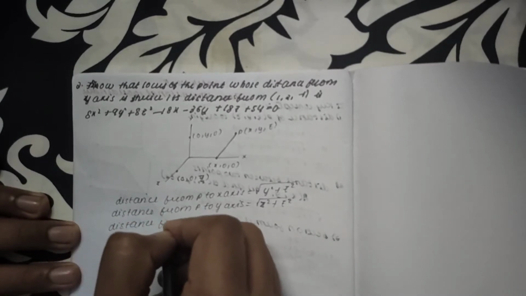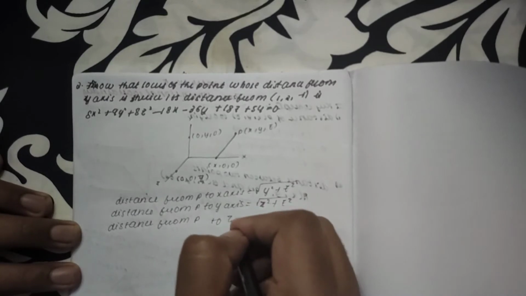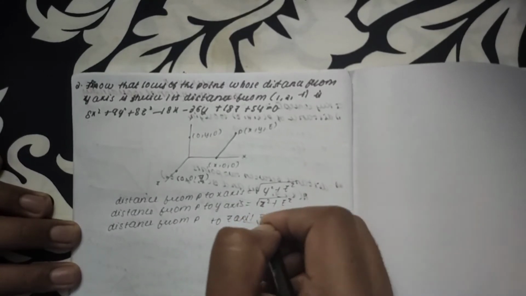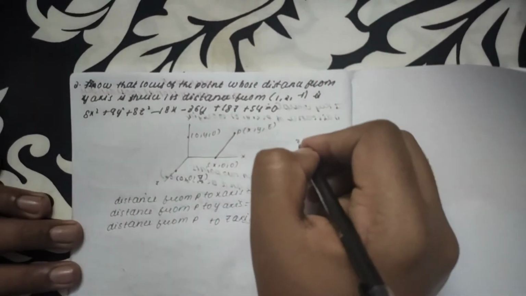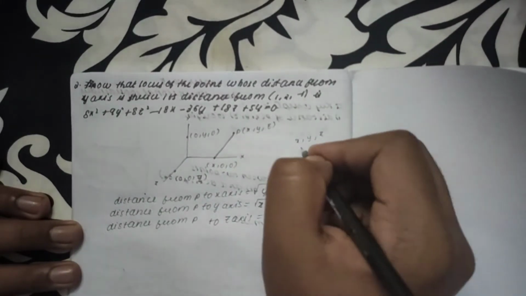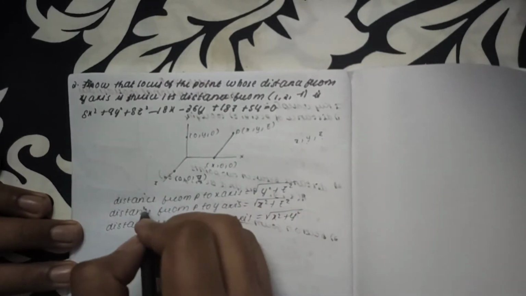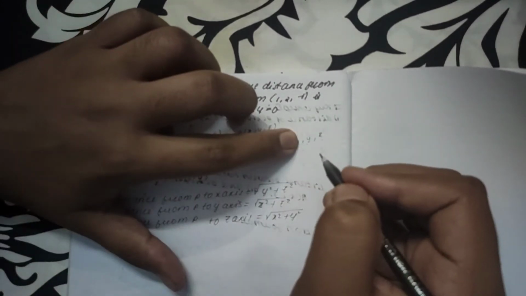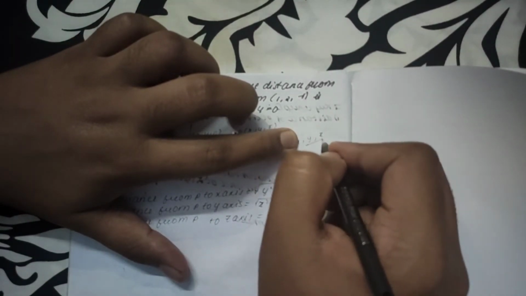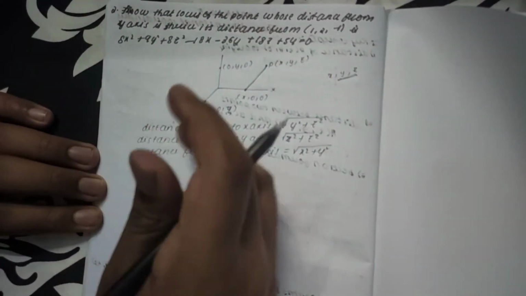The distance from P to the z-axis is root over x square plus y square. In three dimensions there are three axes, x, y, z. So if they ask for the distance from P to the x-axis, forget x and write these values. So let's solve the sum.